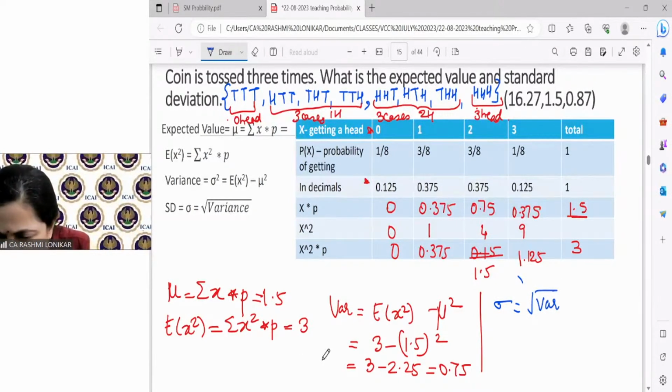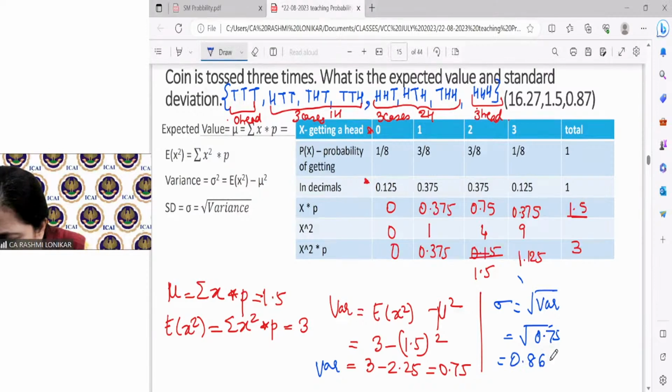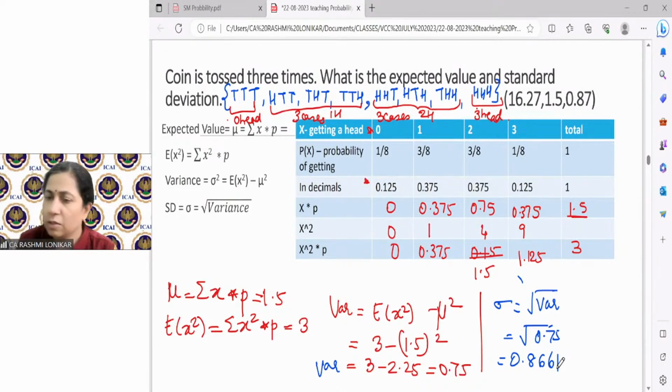How much have I got variance as? 0.75, so it is the square root of 0.75, which is 0.8661. So this is how you should use the first and second slide, and you can use it to do the calculation.